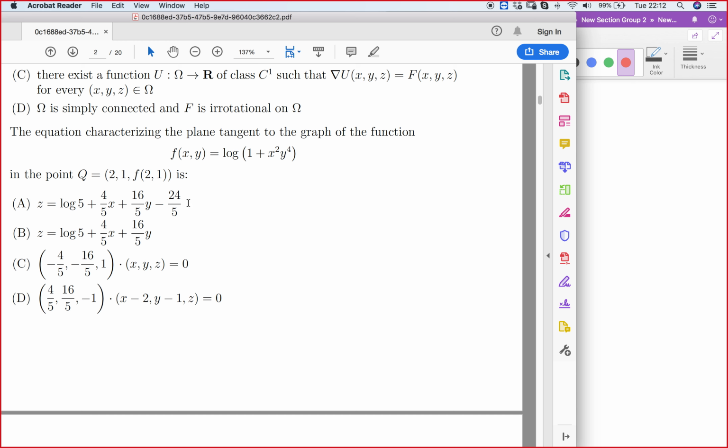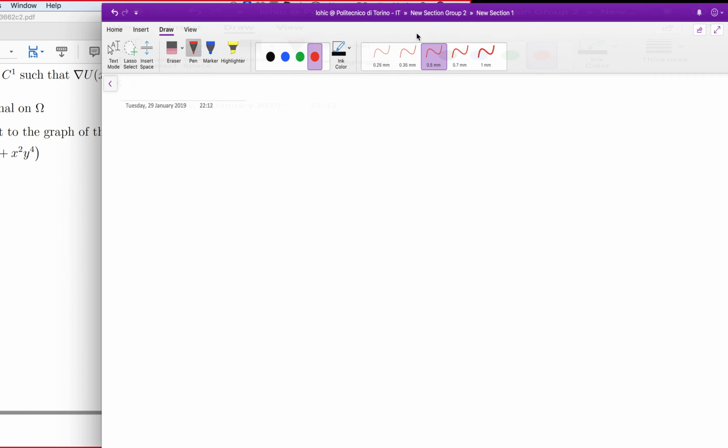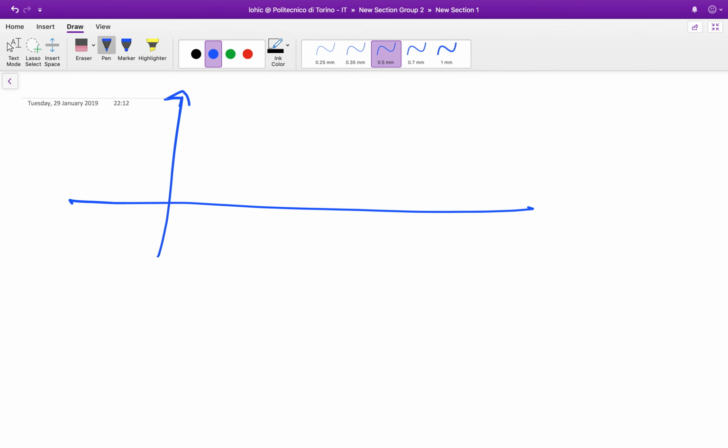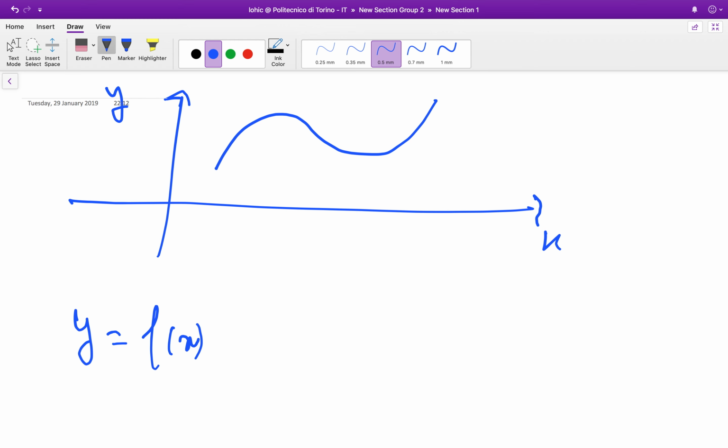at this point. The easiest way to find it: when you are doing analysis 1 and you have x and y, you basically have the function y equal to f of x, right? And the graph was like this. Let's say this is the point x0, and this was your point f of x0.